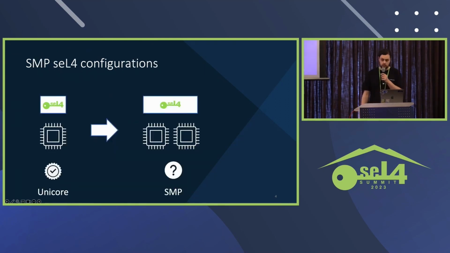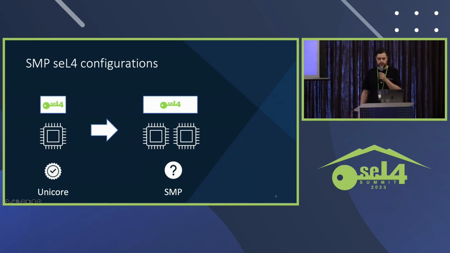seL4 does have a multi-core configuration called the big lock or the SMP kernel. It presents a single system image with a single kernel providing access to all cores. It supports SMP style applications, and existing IPC mechanisms are able to work cross-core mostly transparently.